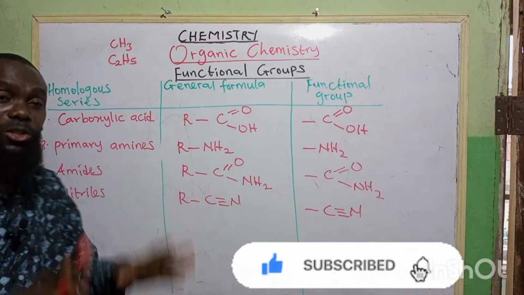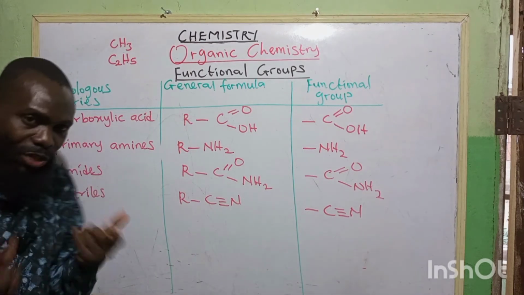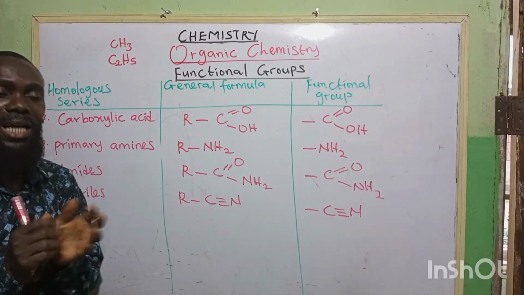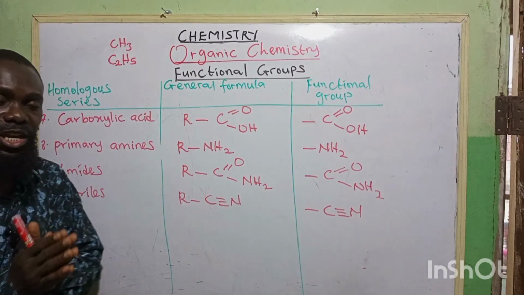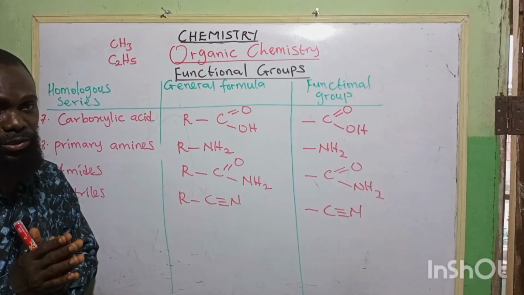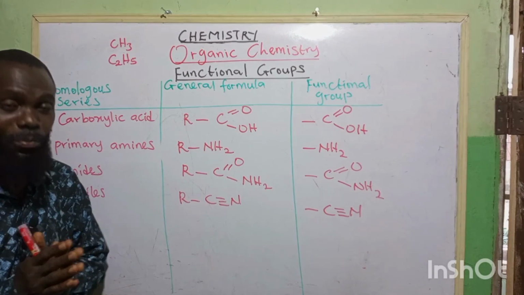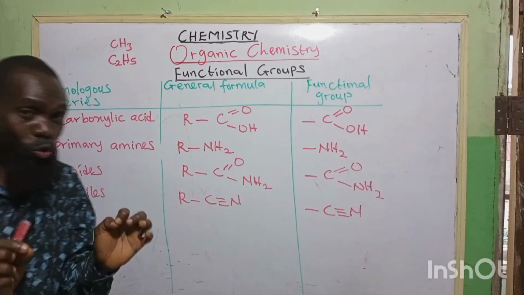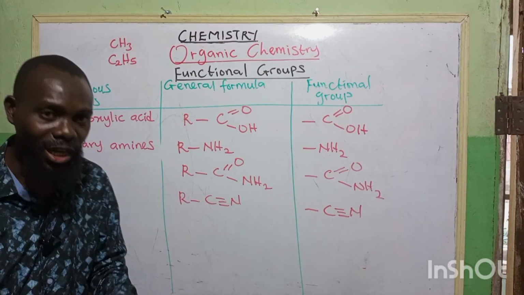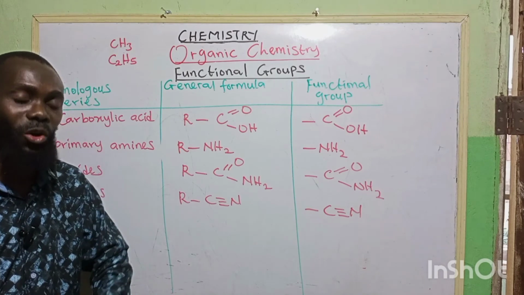Now, what is the major difference between alkyl group and functional group? Alkyl groups deter the solubility of organic compounds in a reaction, meaning they prevent reactivity. The larger the alkyl group in a compound, the lower the reaction of that organic compound.